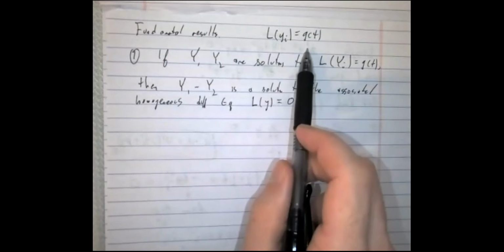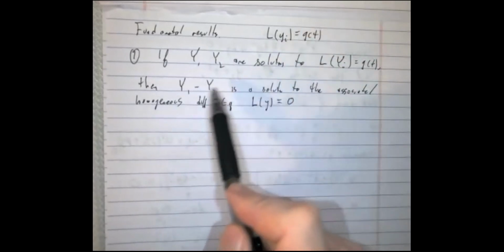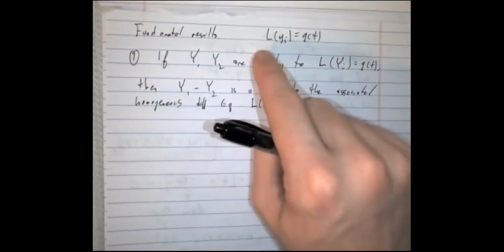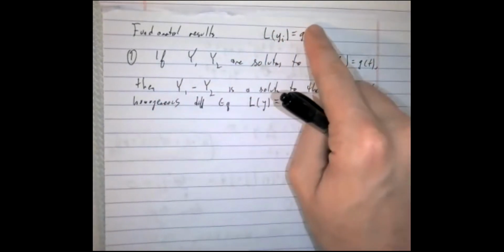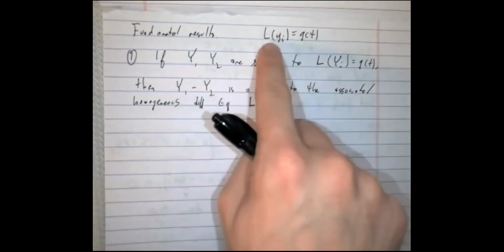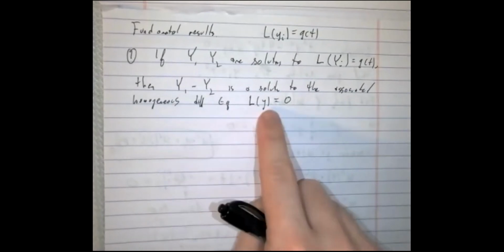To every non-homogeneous linear differential equation, we have an associated homogeneous differential equation by just forgetting about the g of t. You can just take the left-hand side, the linear differential operator piece, and set it equal to 0. What I'm saying is if you have two solutions to this thing, then their difference is a solution to the associated homogeneous differential equation.